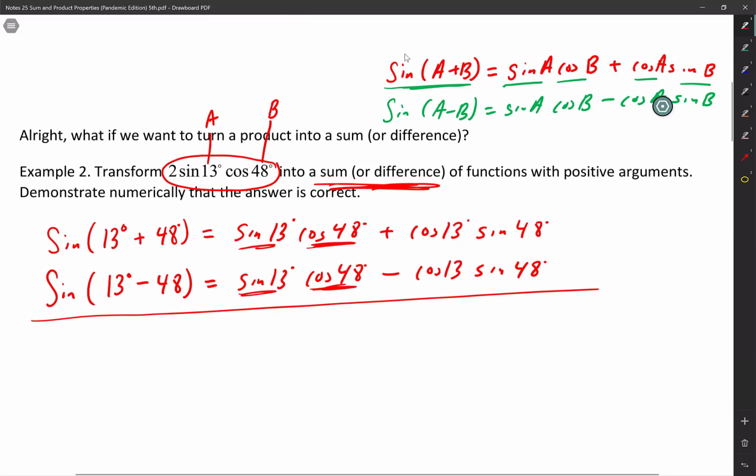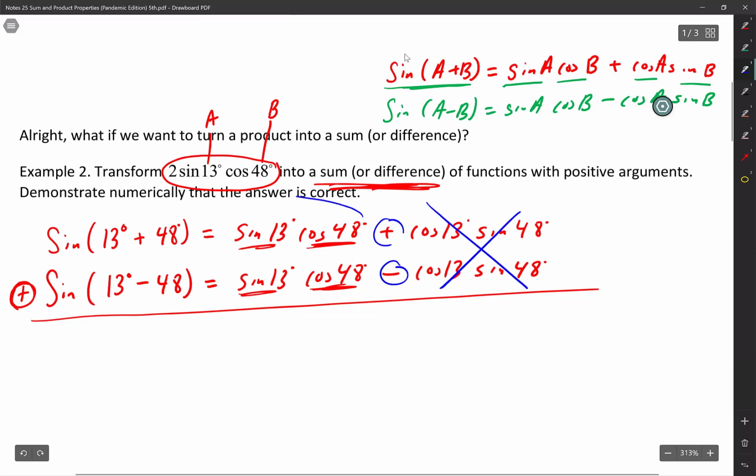Add or subtract? Add. Put a plus symbol here. It's only by adding. If I add, these 2 dudes on the right-hand side are going to cancel out because they have opposite signs. And these two dudes, the sine 13, cosine 48, they're going to add up to 2 sine 13, cosine 48.